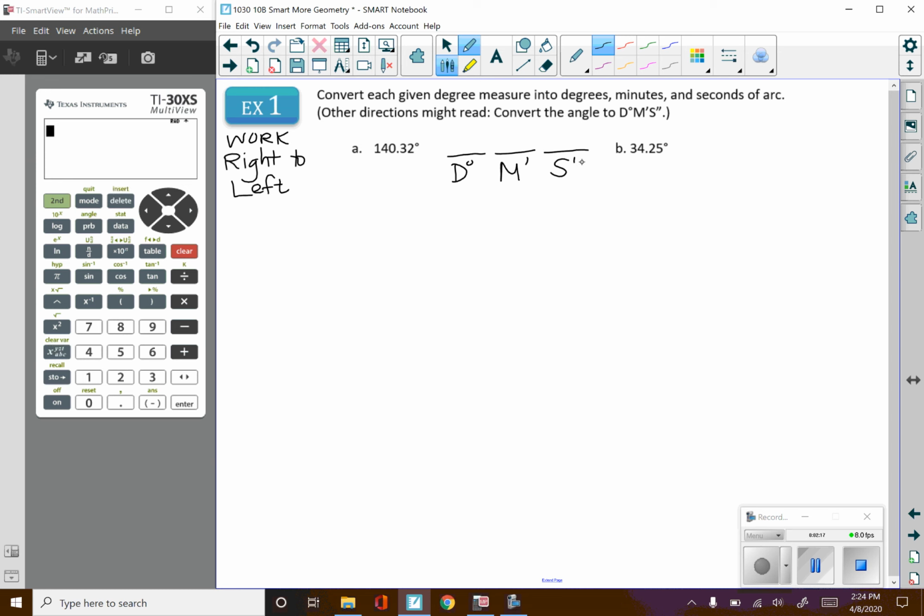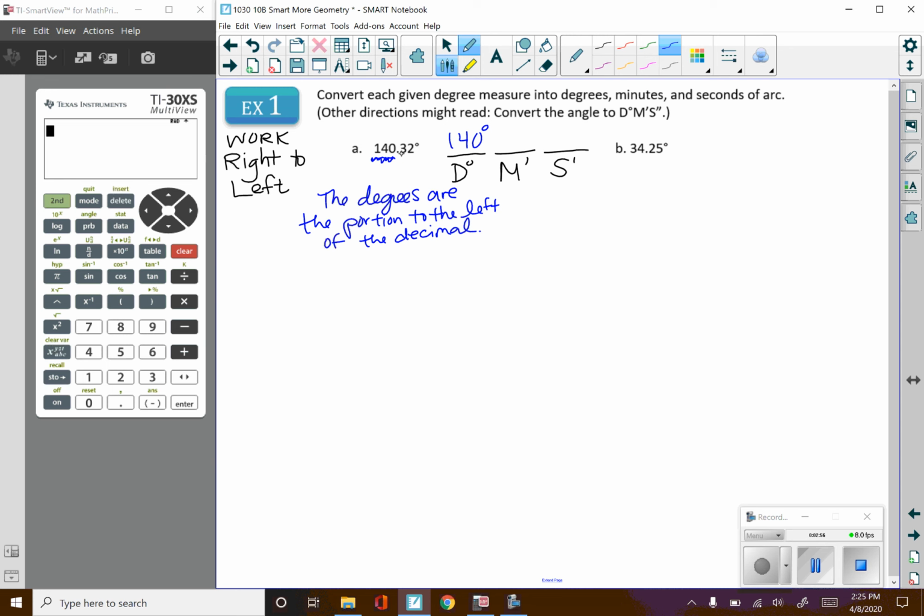Starting on the right side, 140 degrees is our degree measure. The degrees are just the portion to the left of the decimal, so we don't have to do a calculation. It's just 140 degrees.